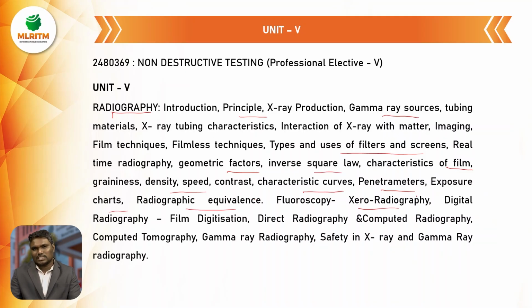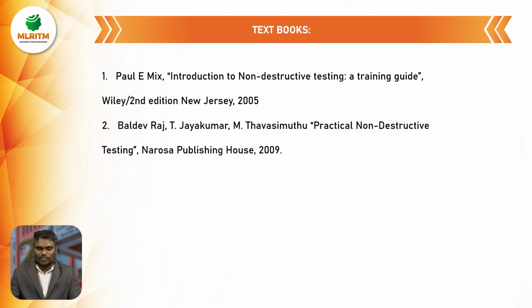In fluoroscopy, we'll mainly discuss xeroradiography, as it is called, and then digital radiography, which is useful for film digitization, direct radiography and computed radiography. Computed radiography, gamma ray radiography, and safety in X-ray and gamma ray radiography. These are the different topics we'll discuss in Unit 5.